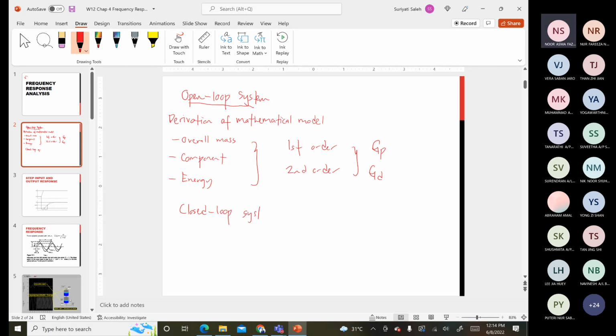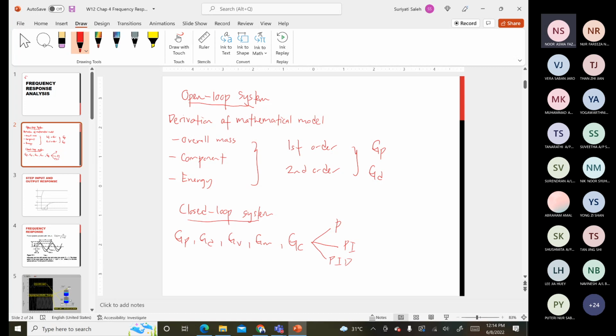So where the closed loop system, normally we will have the additional transfer function. Instead of GP and GD, you also have the GV, the GM, and of course the GC, where the GC in this case may represent the P, PI, or PID.